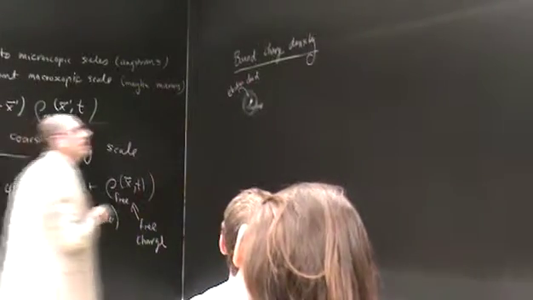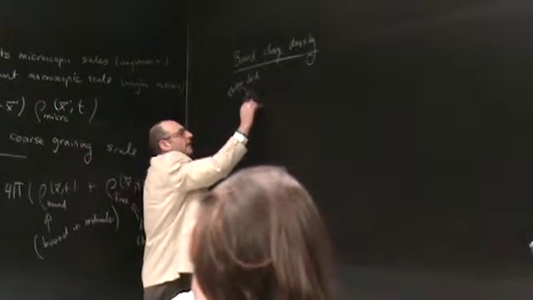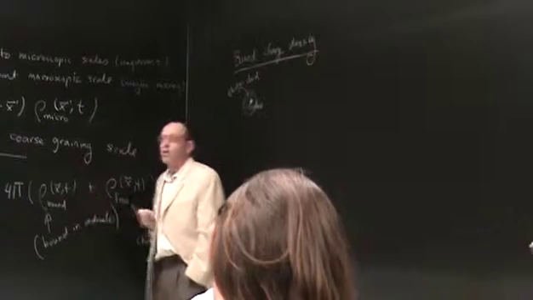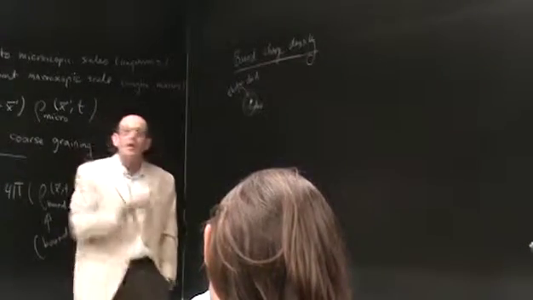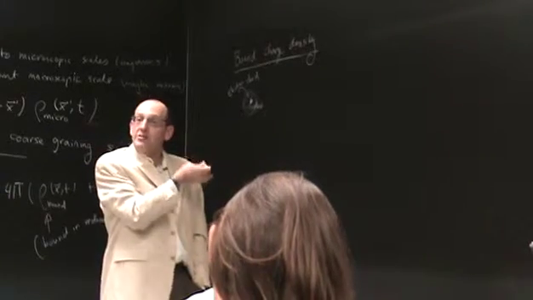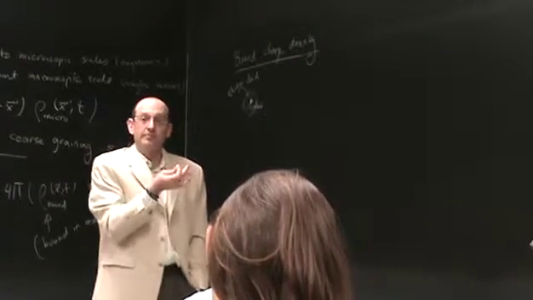So in thinking about the bound charge density, we can ignore the monopole contribution. The electric monopole contribution to the bound charge is 0, because it's bound, it's neutral.